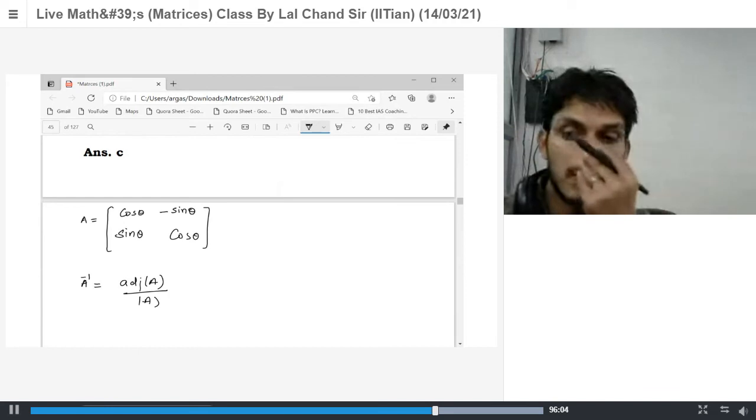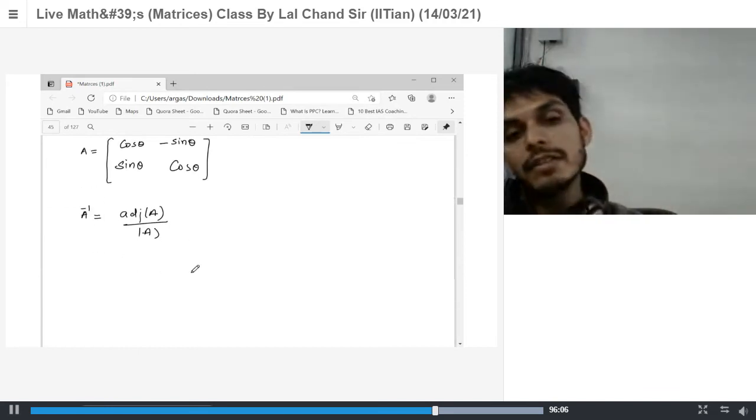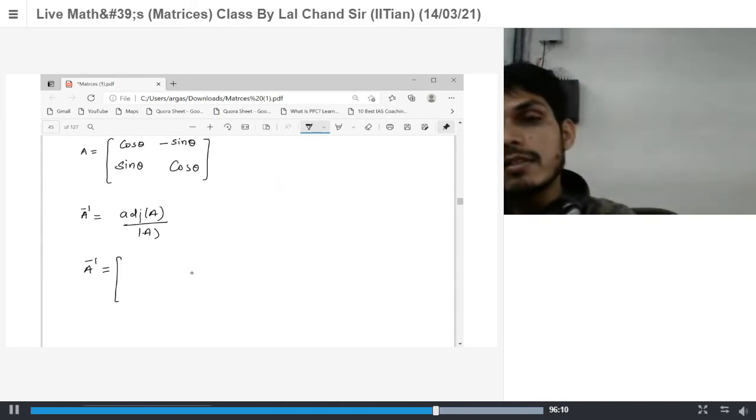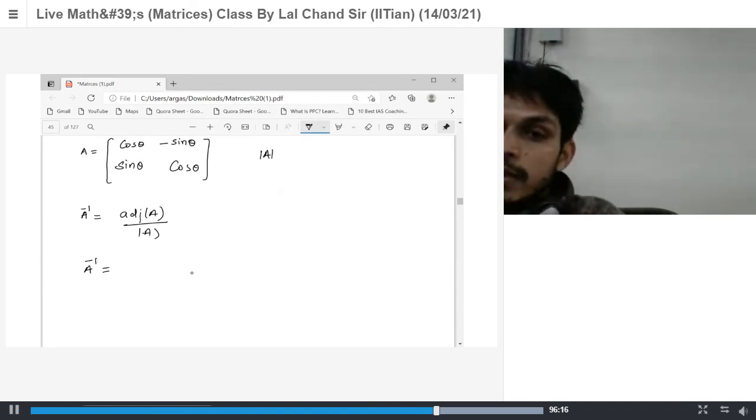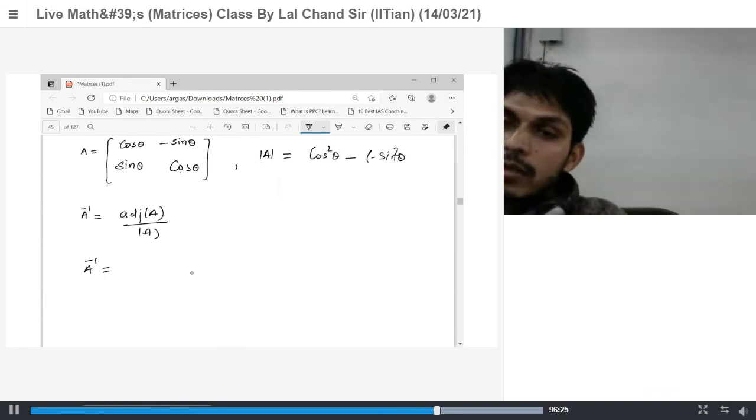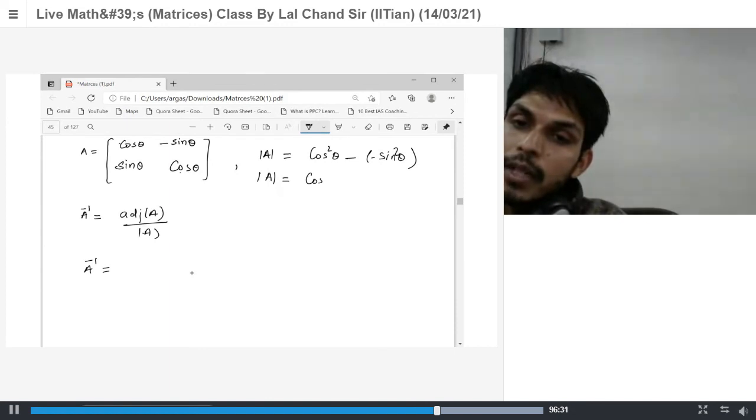Okay. So if I find A inverse of a 2 cross 2 directly, let us first find the determinant value of A. This will be equal to cos square theta minus of minus, so this is equal to cos square theta plus sin square theta.